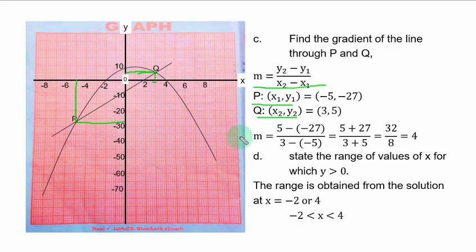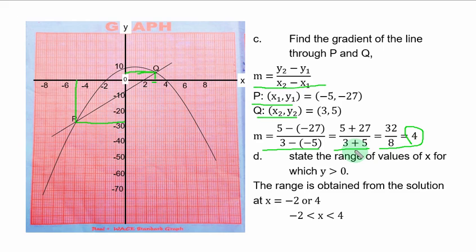So the gradient is this. y2 is 5 minus y1, that is -27, over s2 is 3 minus s1, that is -5. Which simplifies to this. You have 32 over 8. If you divide, you have 4.